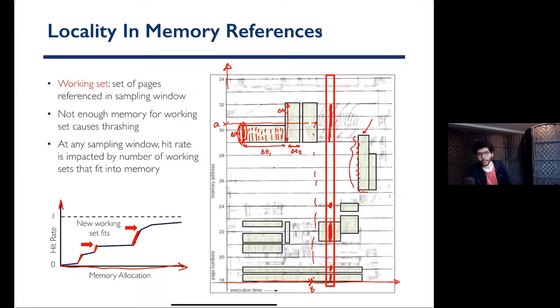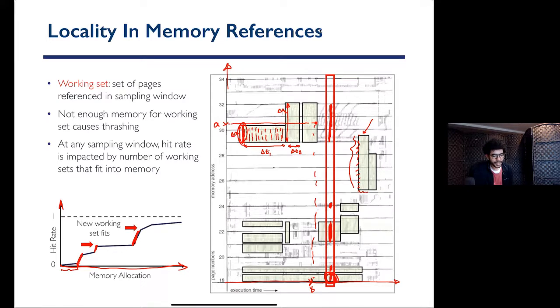These jumps are the times where I can fit a working set in my memory. Let's say the first one here, I give enough memory to bring this working set to memory. So my performance all of a sudden jumps.